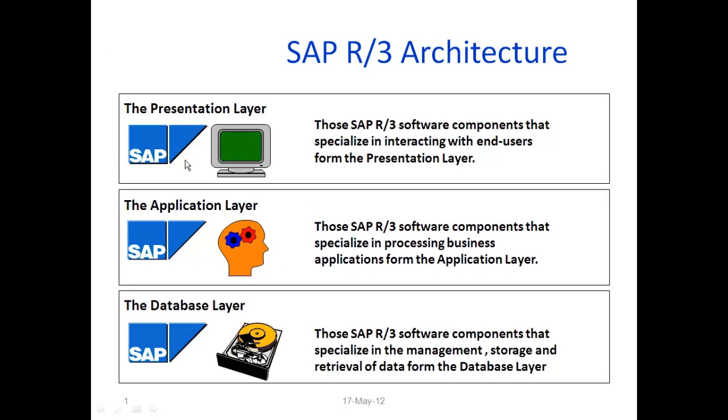So therefore, the database layer contains all the software components that are specialized in management, storage, and retrieval of data from the database layer. So what it does, when I've given the input in the selection screen, or what we call the user input screen, the data is taken and passed into the query internally, and the query is executed on the database tables.